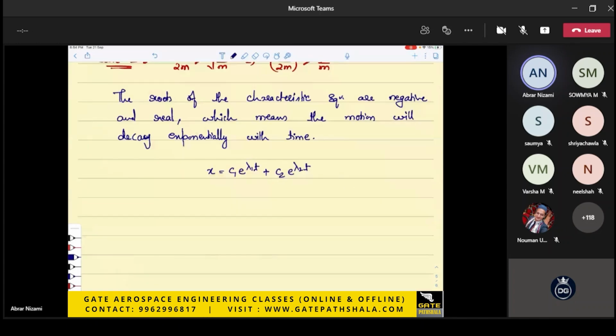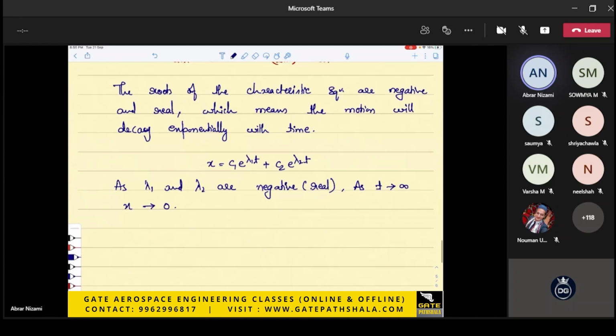So you write, as lambda 1 and lambda 2 are negative, in bracket real, as t tends to infinity, x will tend to 0. Hope it is clear.